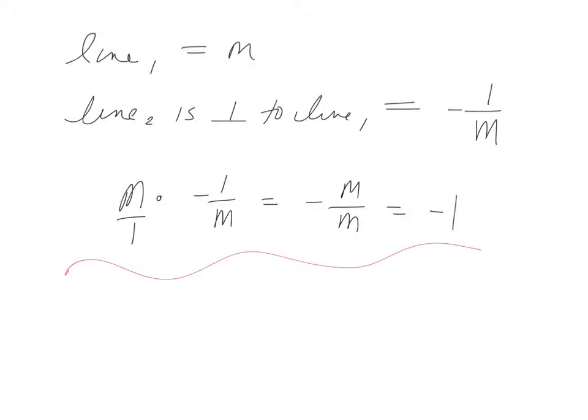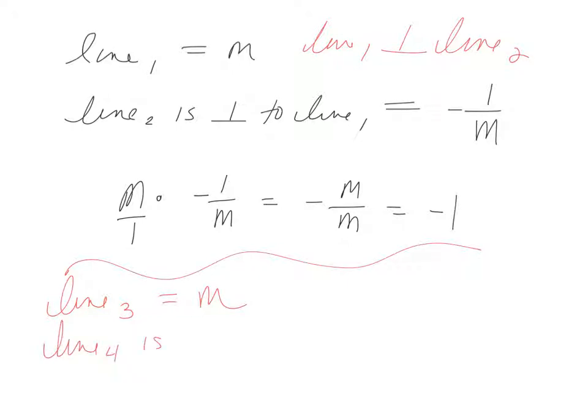Line 1 is perpendicular to line 2. When two lines are parallel, line 3 has slope m. Line 4 is parallel to line 3.